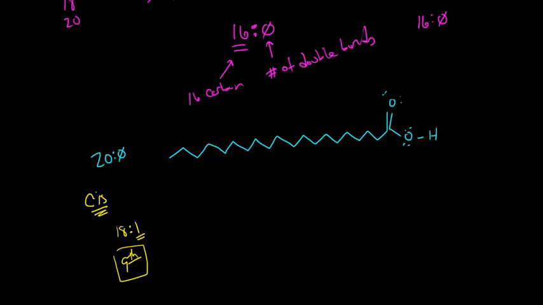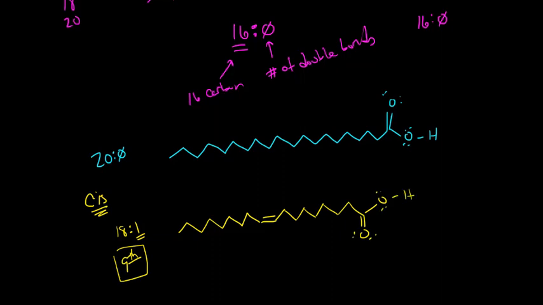So I'm going to start drawing it. I have carbon 1, 2, 3, 4, 5, 6, 7, 8, 9. So I'm going to put my double bond in here. That's 10, 11, 12, 13, 14, 15, 16, 17, 18. And I'll put my carboxylic acid head group on this carbon.